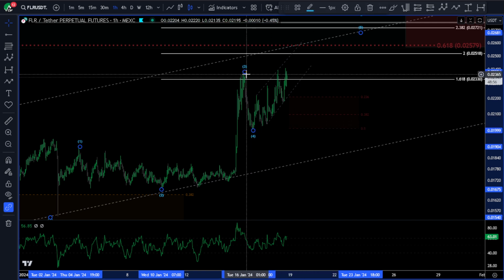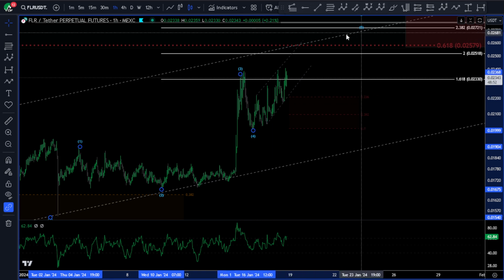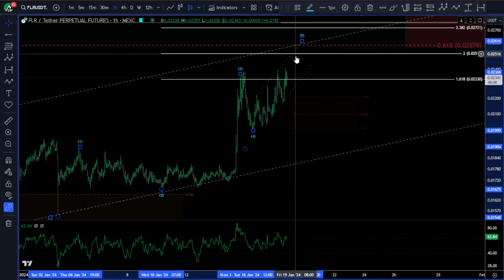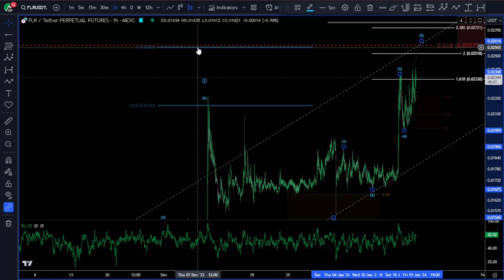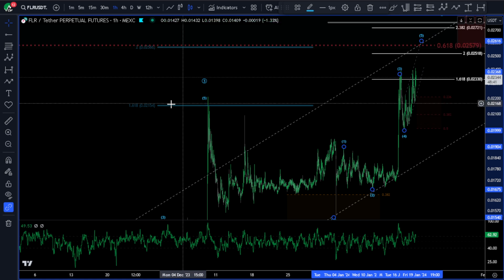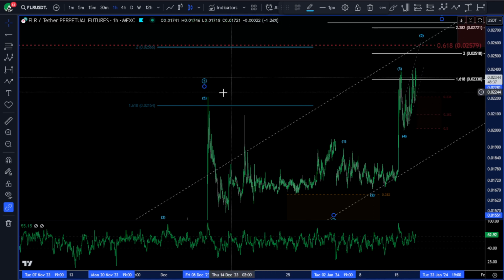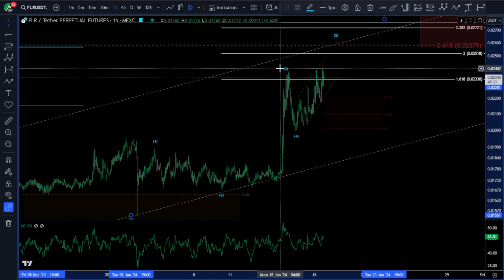Our fourth was an expanded flat, which I don't really love, and we're working on our fifth wave to the upside, looking to hit that 200 and reverse. I'd like to come to at least the 25.66, the 200 extension of this blue count. You can see, just because we came to the 1.618, that would be the ideal area.